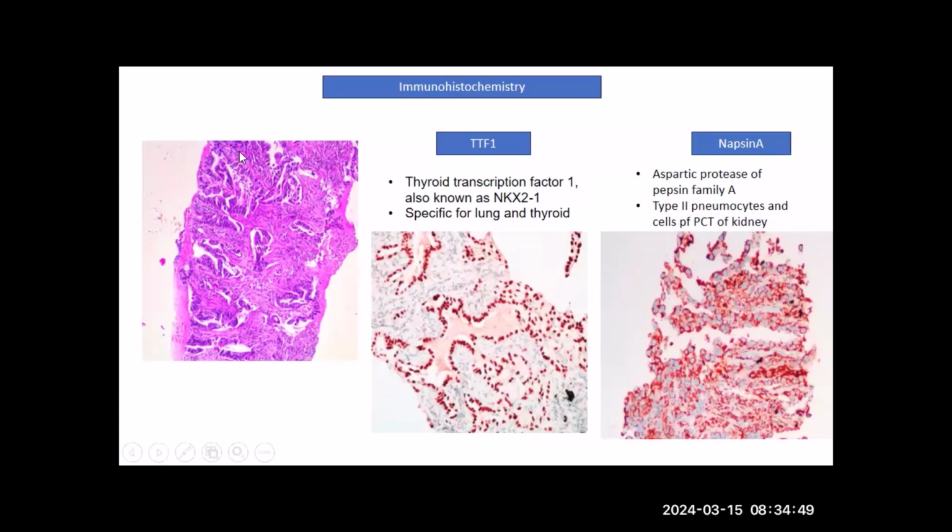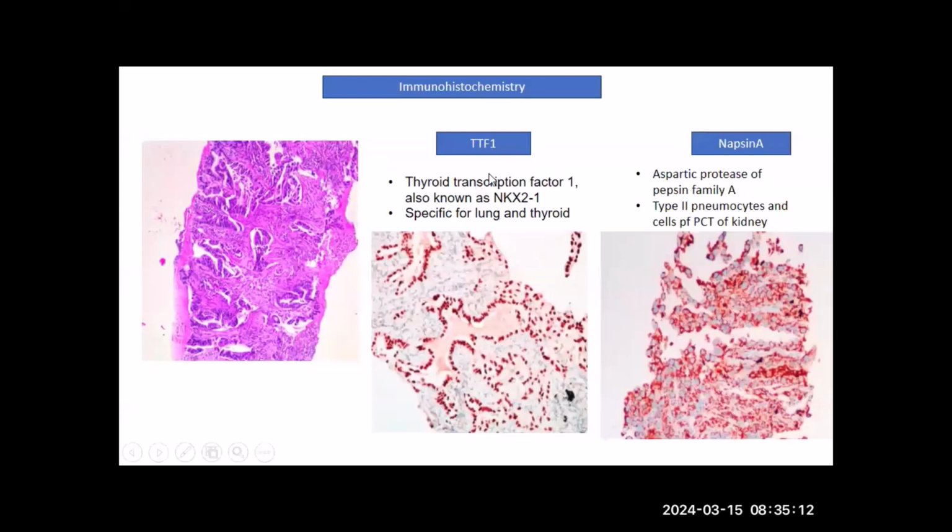Here, this is a core biopsy, and you can see some infiltrating glands and clusters in the stroma. We have added TTF1 and napsin, which are markers specific for lung differentiation.